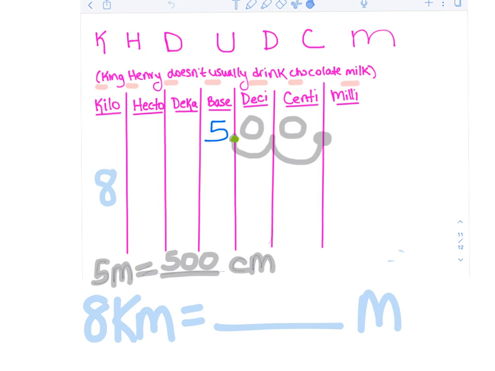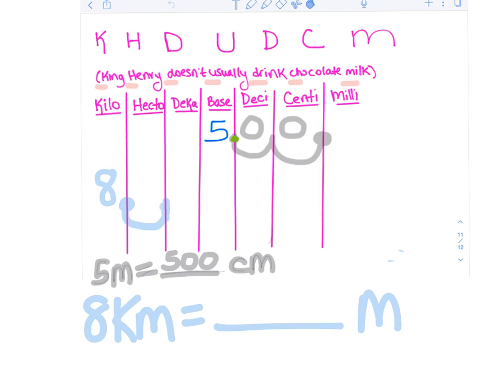So if I have 8 kilometers and I want to know how many meters that is, we know that the 8 is in the kilometers column on the chart. And I put that decimal point right on the line to the right of the 8, and that's for kilometer. Then I scoop it through each one. After kilometer is hectometer, so that's hecto.